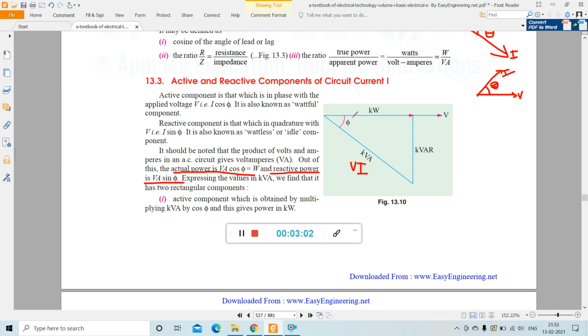So here actual power is VI cos phi, and it is represented in watt, kilowatt, etc. Similarly, reactive power is VI sin phi. It is represented in VAR, volt ampere reactive, or kilovolt ampere reactive. So this is VI sin phi and this is VI cos phi.